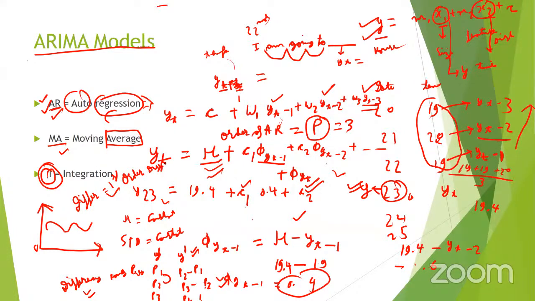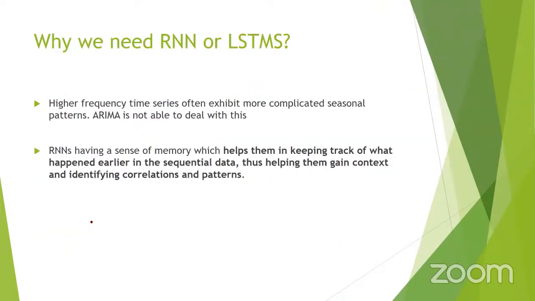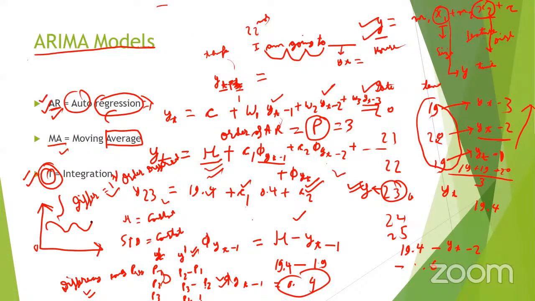Now to get back to the original scale of this y, I have to integrate it again. So basically, I have to take the previous value itself, or you can also say the integration factor. From there, this integration comes into picture. Just reverse the differencing that you have done.